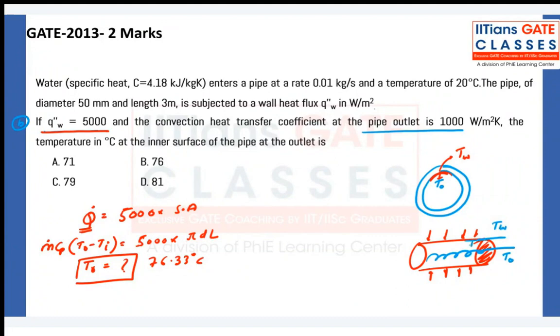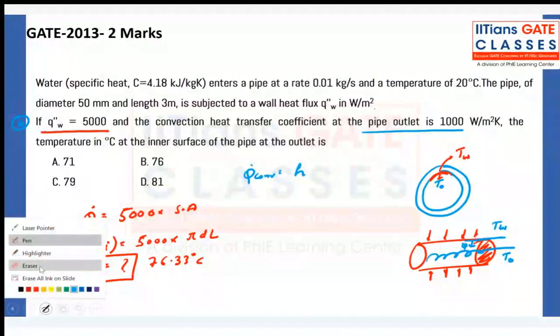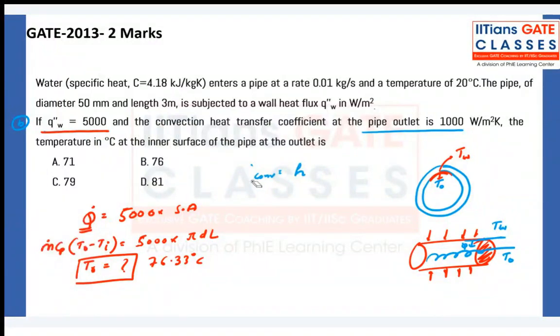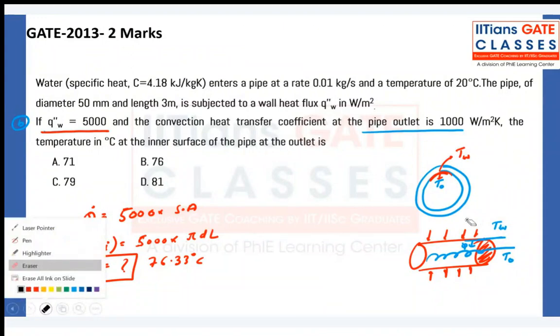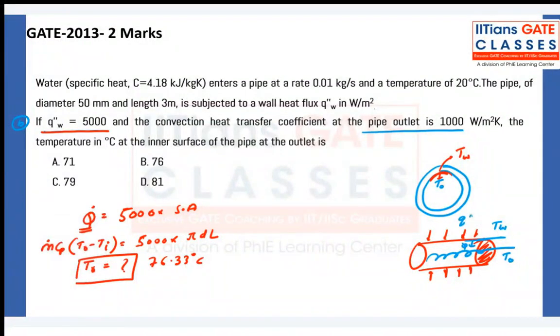So Q dot convection will be equal to h, and whatever heat is transferred per unit area, Q double dash, is equal to h times (T pipe minus T naught).